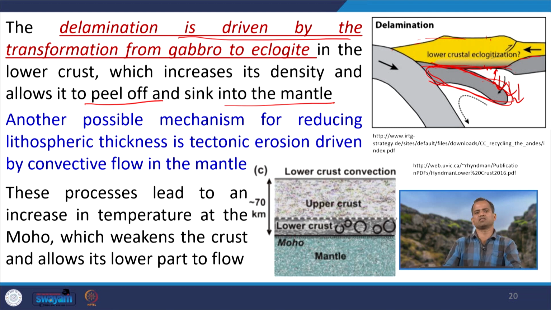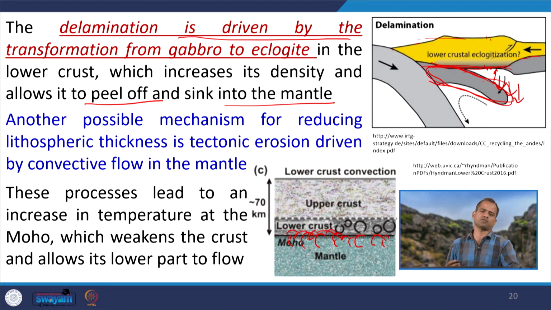Another possible mechanism for reducing lithospheric thickness is the tectonic erosion developed by the convective flow of this mantle. We have the convecting system of this mantle, and once this convective system is interacting with the lower part of the crust, it is eroding the lower part of the crust. So, that means part of the crust is removed from the lower side.